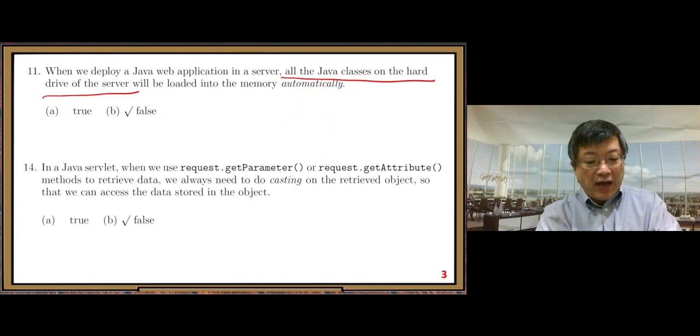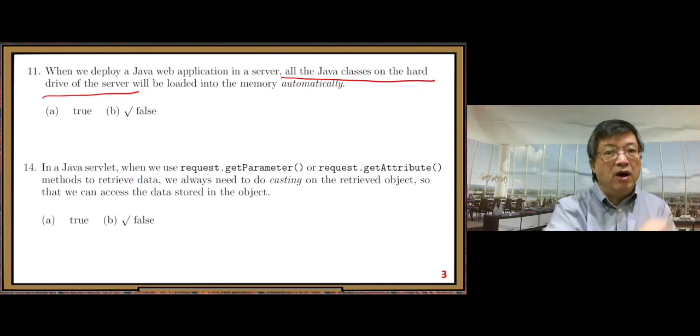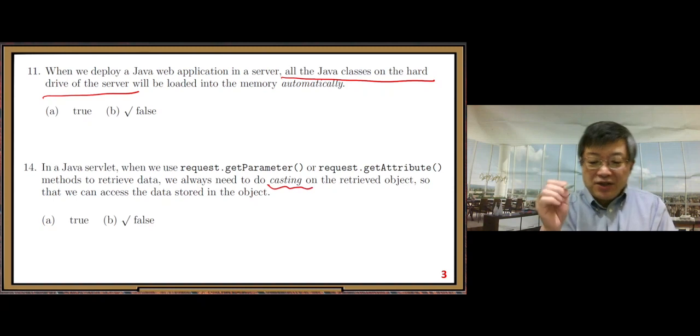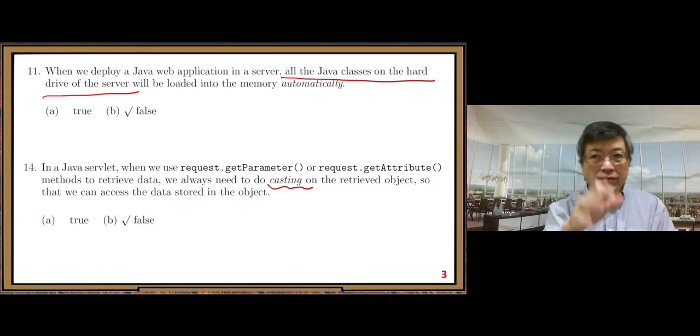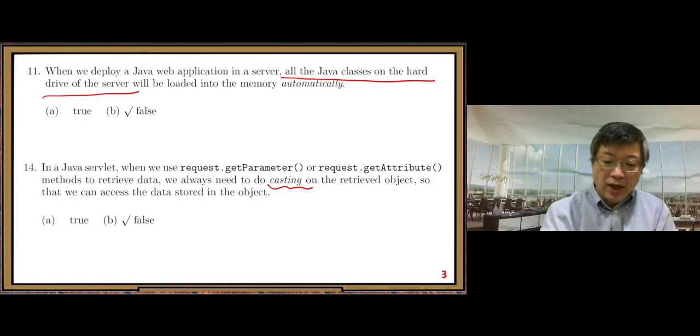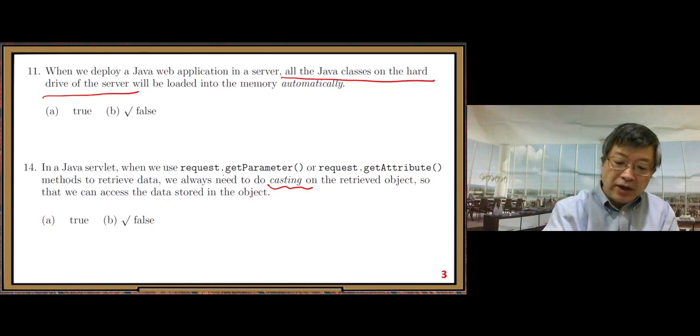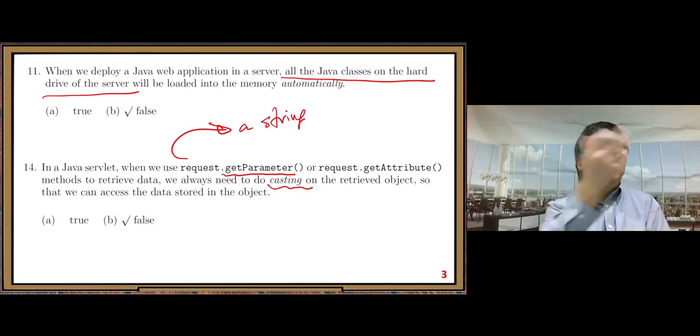The last question of this part 1 is about casting. These 2 ways are different, and some students get confused and feel that for both ways we need to do casting. It's not so. For the first way, getParameter always returns a string. You already have a valid string object, so you do not need to cast to anything.